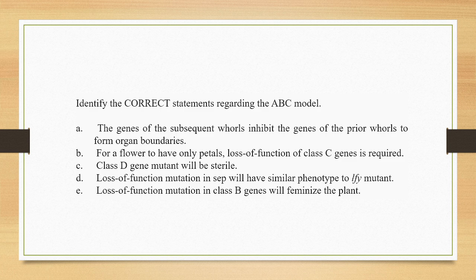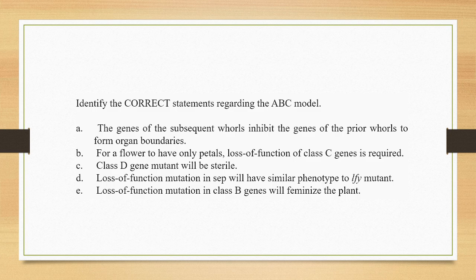Because interaction between the genes across the roles actually regulates your organ identity and forms the development of boundaries. For example, if class C gene inhibits class A gene, see, one important thing to understand is that A and C are equally dominant, and A inhibits C and C inhibits A. So if A is there, C would be inhibited, and if C is there, A would be inhibited.